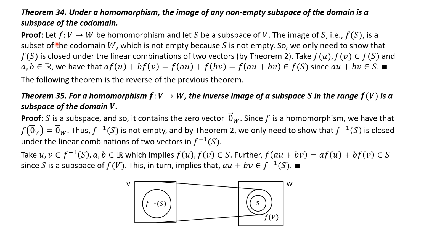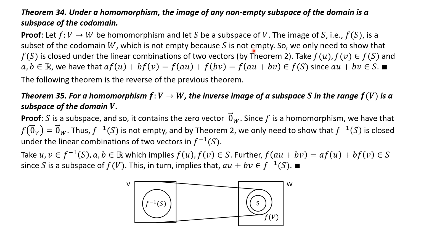To do the proof, let F be our homomorphism and V and W be our vector spaces, so F maps V to W. Let S be a subspace of V. The image of S, F of S, is a subset of the codomain W. It could be all of W, but it's at least a subset, which is non-empty, since S is not empty. That was in the assumption of the theorem.